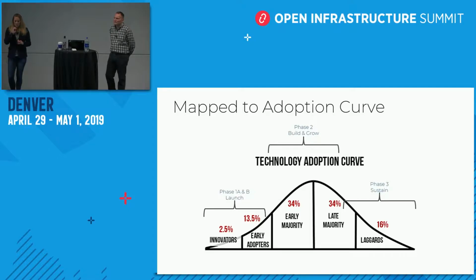When we're in phase 1A and once we've open sourced code, we again work with our partners and our innovators, and that's really just 2.5% of the market. And then at some point between working with innovators and early adopters, that's when you ask, at what point, if we do not move to open governance, will that inhibit the growth of that project? And most of the time it does.